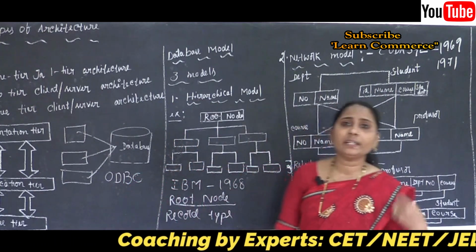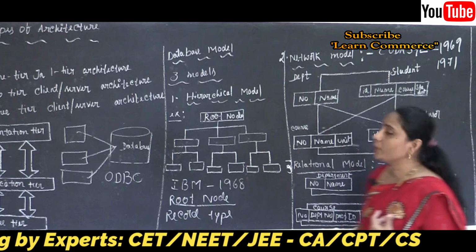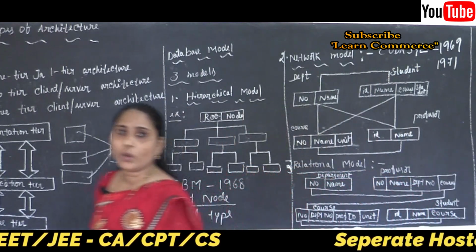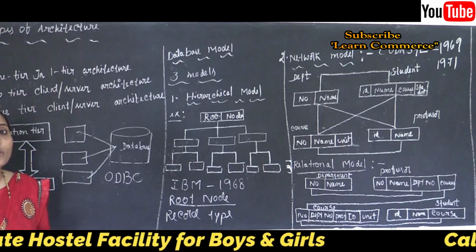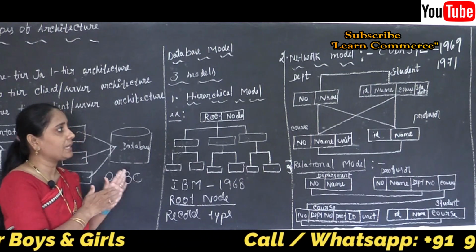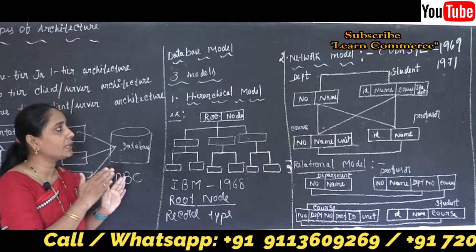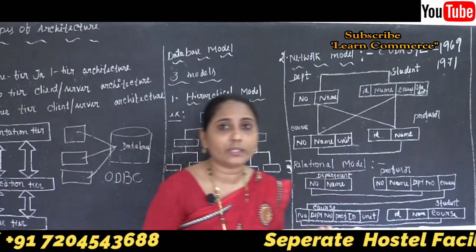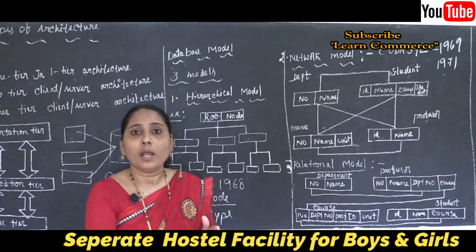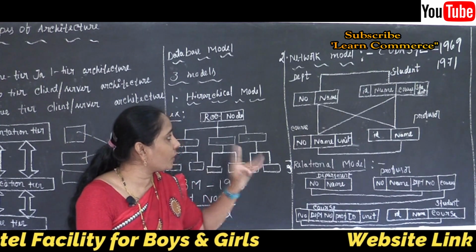Now what's the disadvantage of our network data model? Whatever advantage I mentioned, the same point is also used for the disadvantages. But before that, I want to tell the first disadvantage.